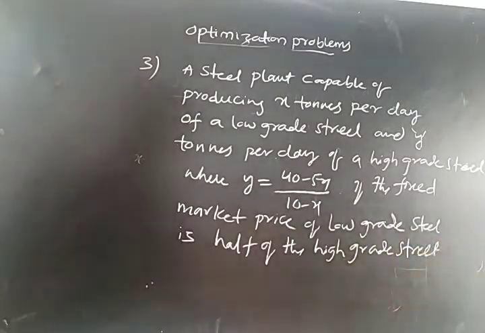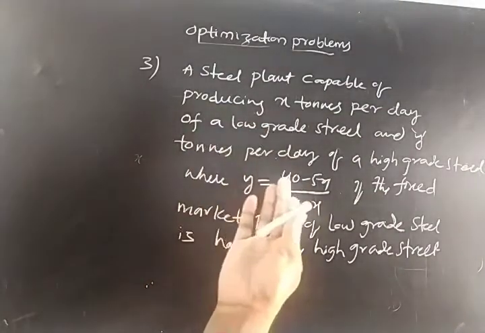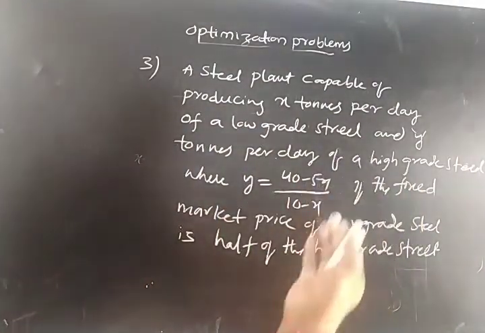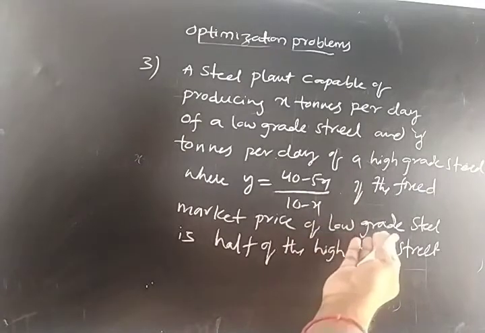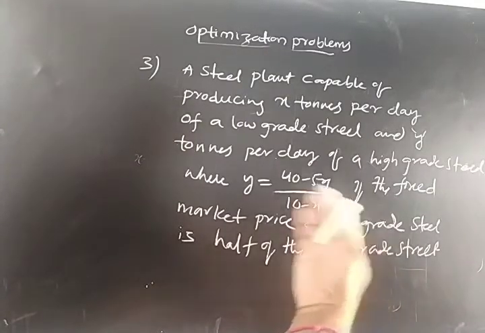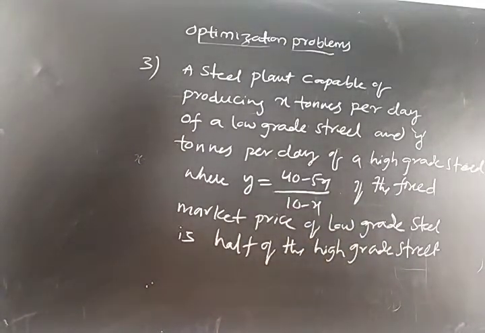That means if the price of low grade steel is, suppose any variable, I am taking P rupees, then high grade steel cost price will be 2P, twice. Okay, low grade steel cost will be half of the high grade steel cost.